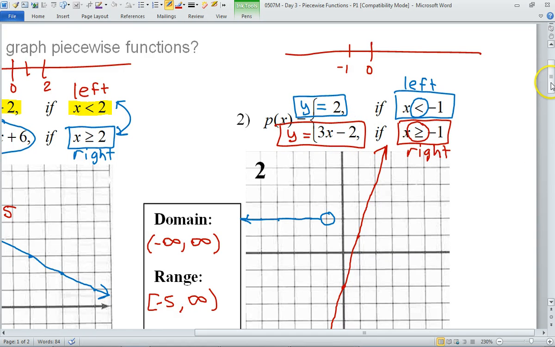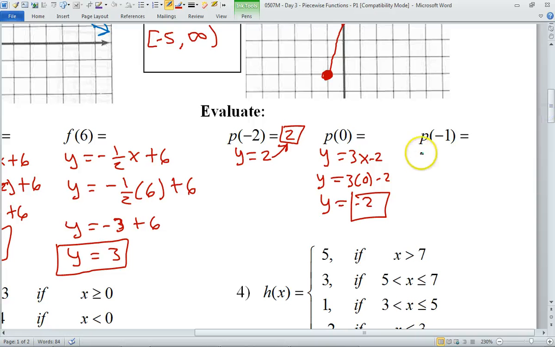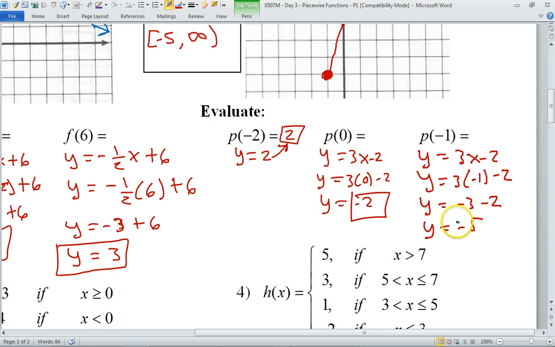So that tells me to use the bottom equation. This becomes y equals 3 times negative 1 minus 2. That's negative 3 minus 2. That's negative 5. Okay? So that's what I should get by evaluating.